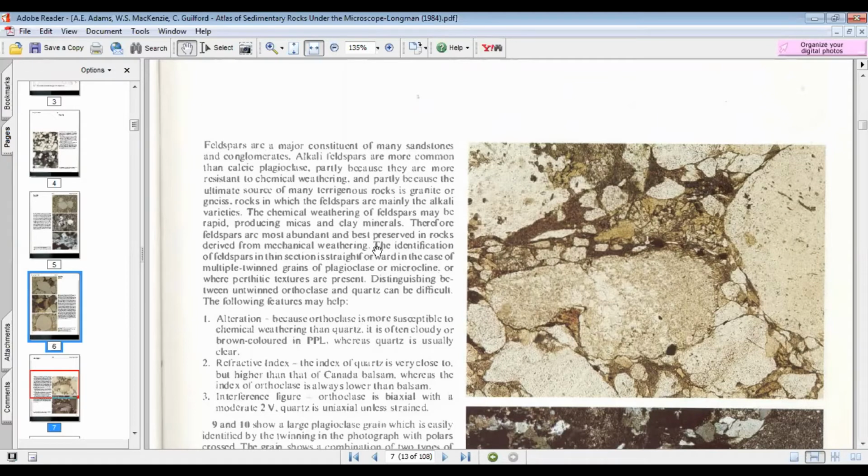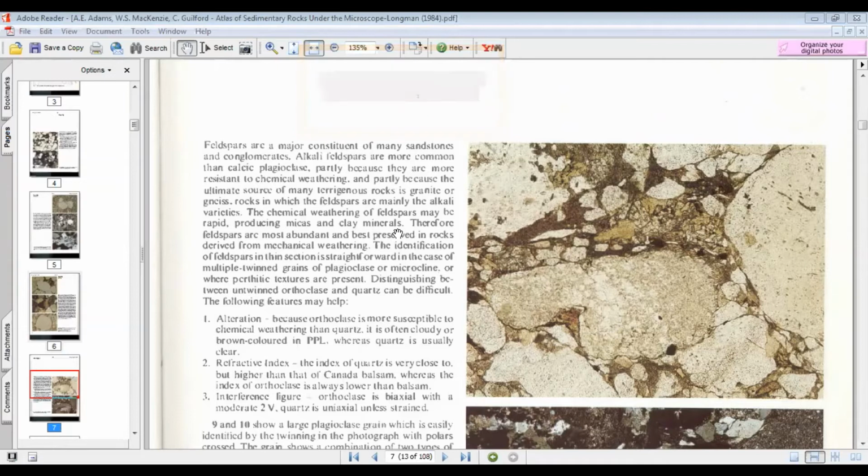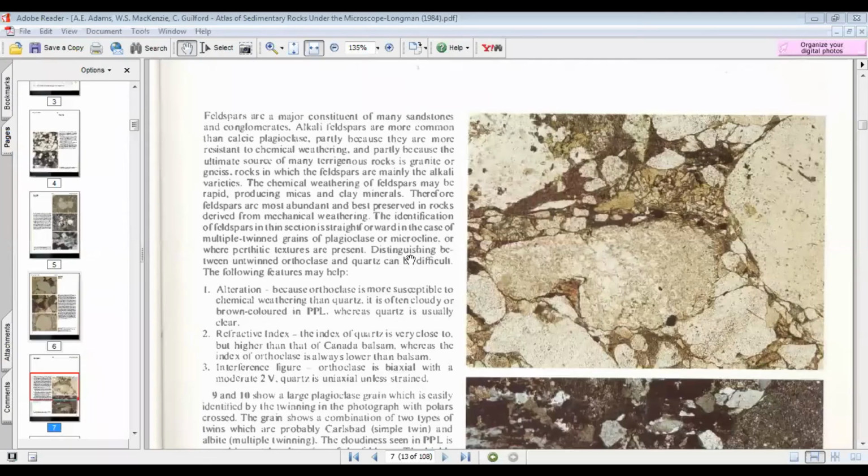For example, alkali feldspars are more common, as they are resistant to weathering as compared to the plagioclase feldspar, or the calcitic plagioclase feldspar. And sometimes chemical weathering also imparts different types of clays on these feldspars, and we can also identify them based on those particular alterations.